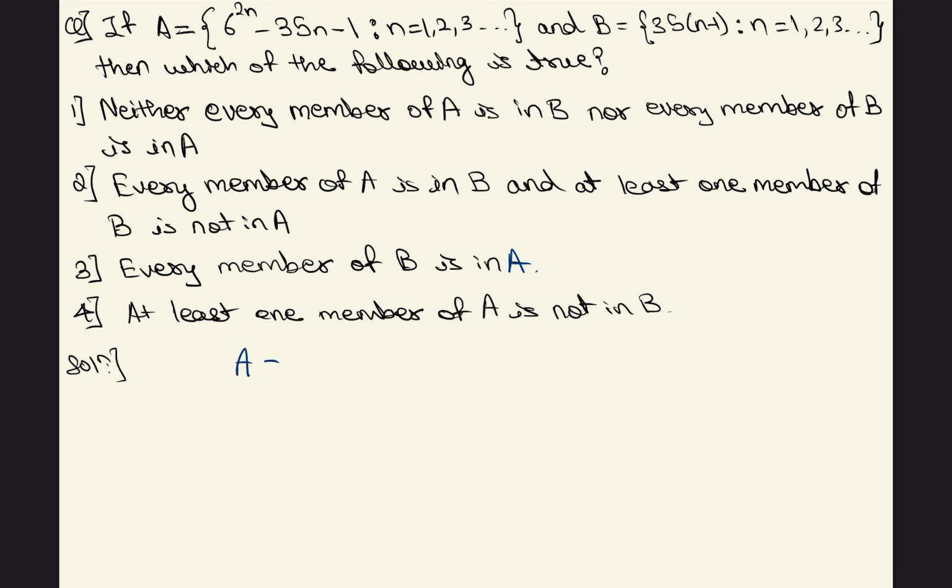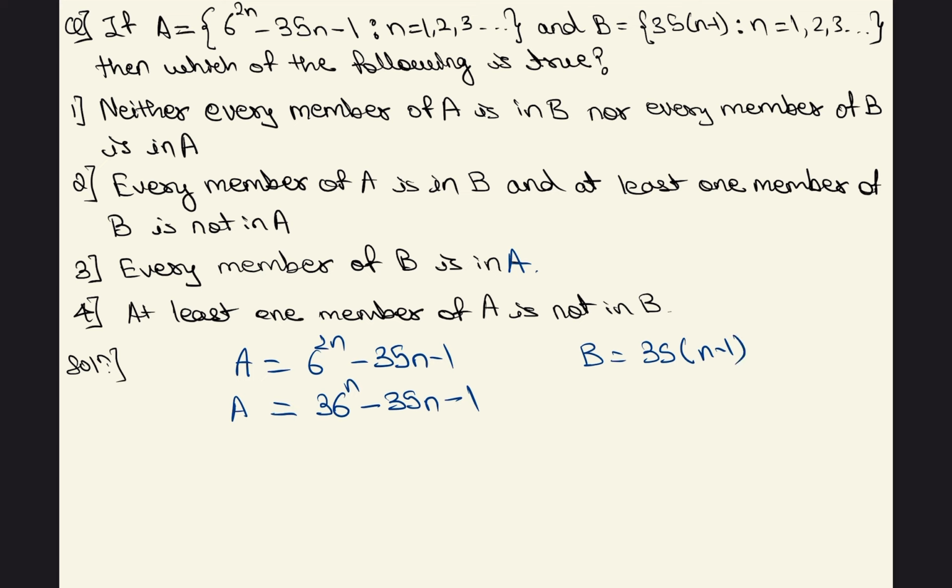We have A equals 6 to the power 2n minus 35n minus 1. If we look at this, 6 to the power 2n basically means 6 squared multiplied by n, that means 36 to the power n, minus 35n minus 1. This is A. B is given as 35(n minus 1).